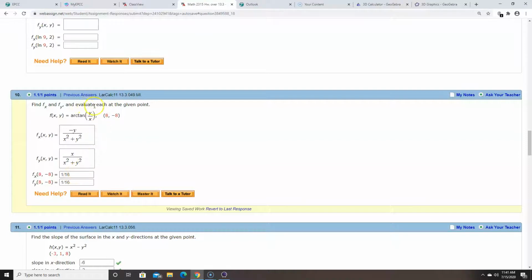Now we do it again, but with respect to y. In the y direction, the partial derivative will give us the slope formula for the derivative of the function f at a point in the y direction. And as you can see, we get the same number this time, as I mentioned in the last problem.